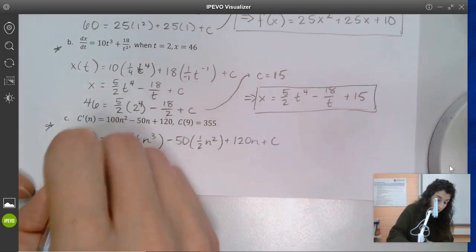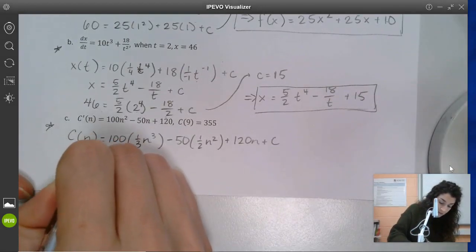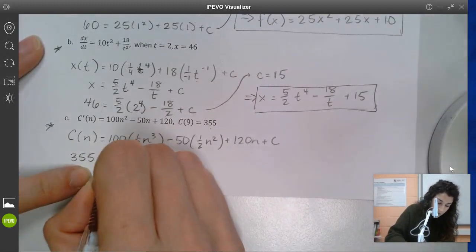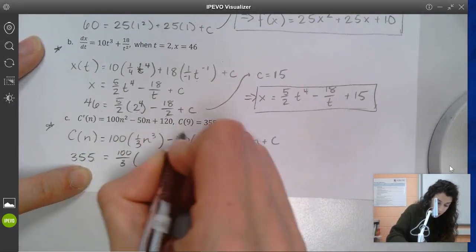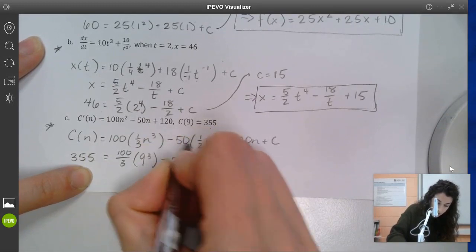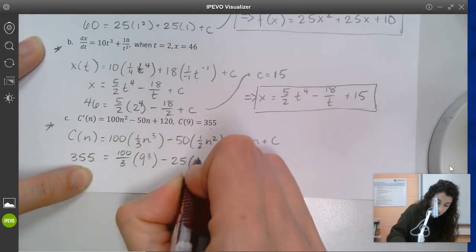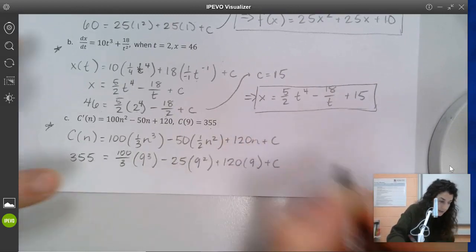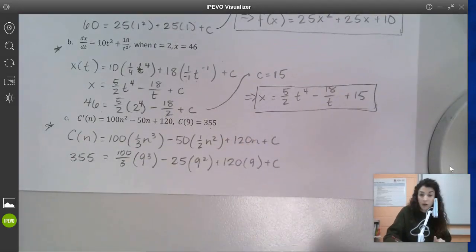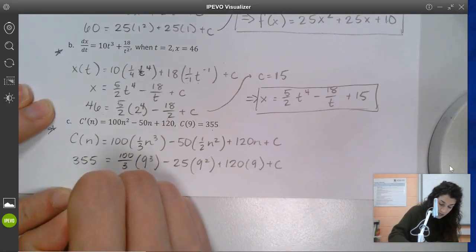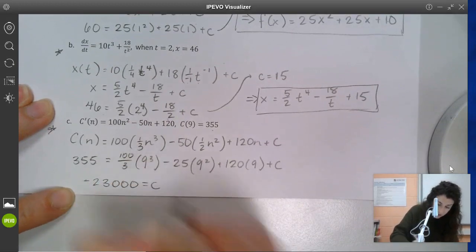Hopefully we're following along, feeling okay about it. 355, plugging that in for our y value, equals 100 divided by 3 times 9 cubed minus 50 times a half, 9 squared plus 120 times 9 plus c. Using your numerical solve, using your calculator, however you'd like to do it, we get that negative 23,000 equals c.